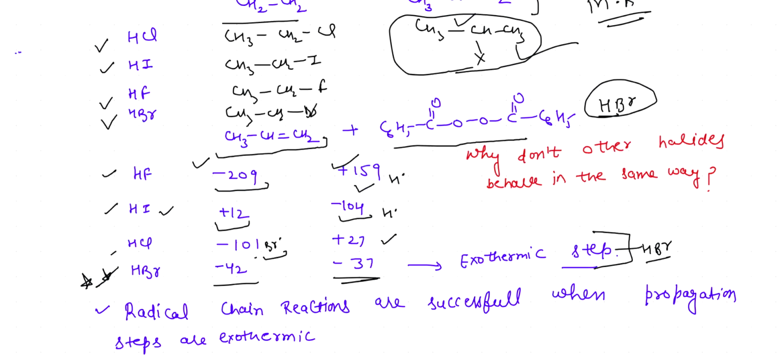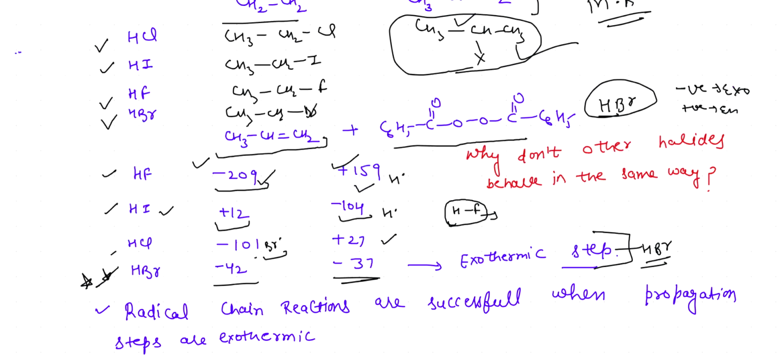In case of HF, there is a strong bond between hydrogen and fluorine, so it is very difficult to break this bond. That's why large energy is released, that is high, minus 209. The minus sign is used to represent whether the reaction is exothermic or endothermic. If there is a minus sign, it is exothermic. If there is a positive sign, then it is endothermic.